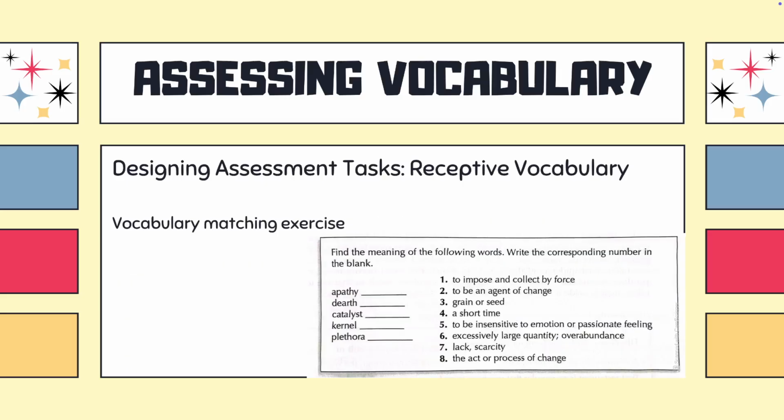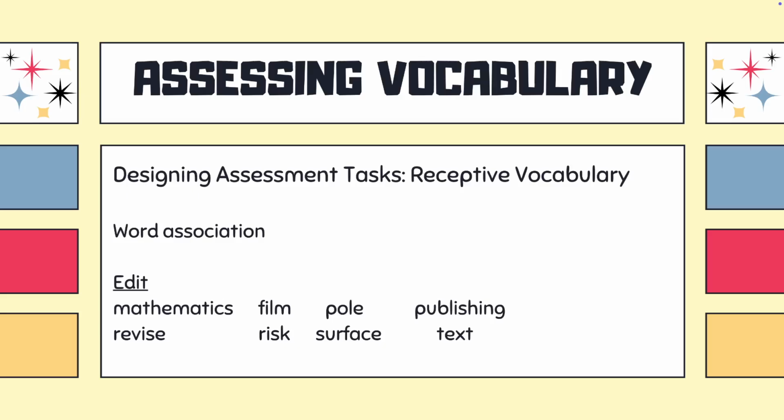Okay, you can also do vocabulary matching at the receptive level. There's no explanation needed here. And you can also do word association. This one's a little bit more challenging because the word is edit, and they have to choose the word that is a synonym, best matches the meaning of the word edit.